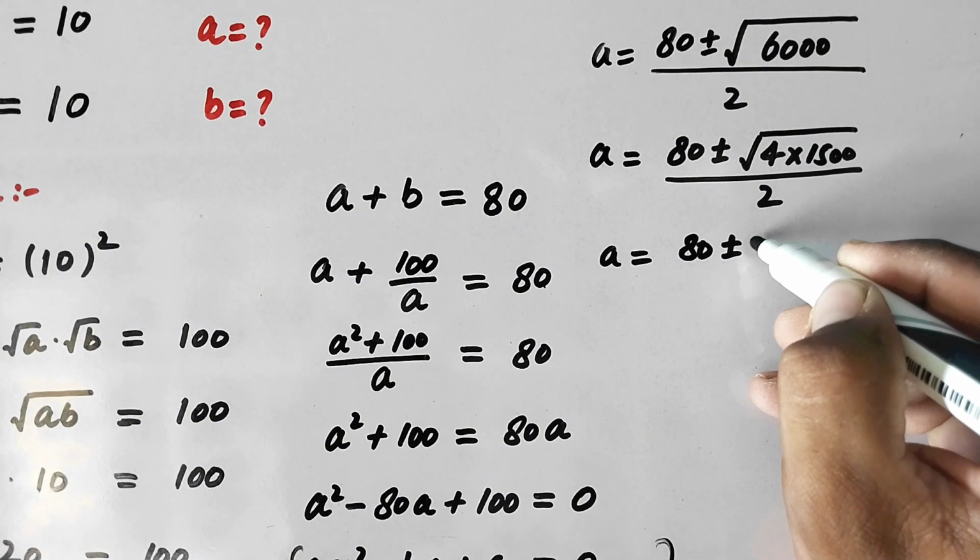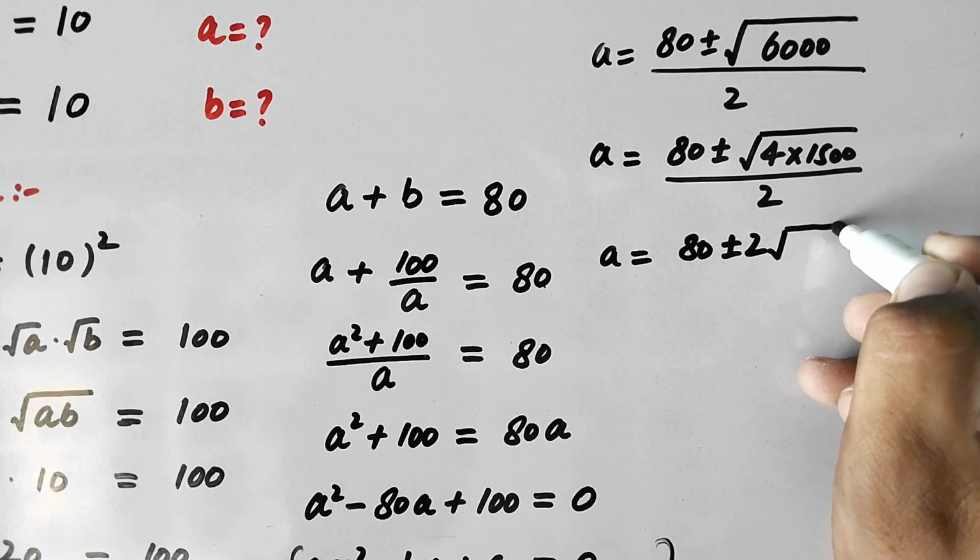So here 2 is out of root, so inside the root is 1500 divided by 2.